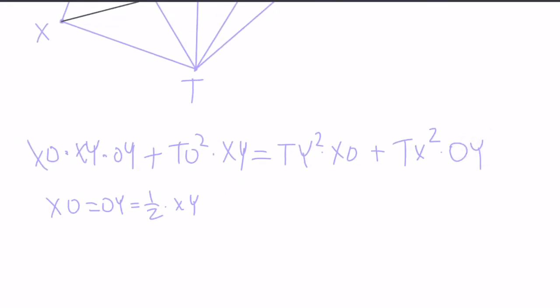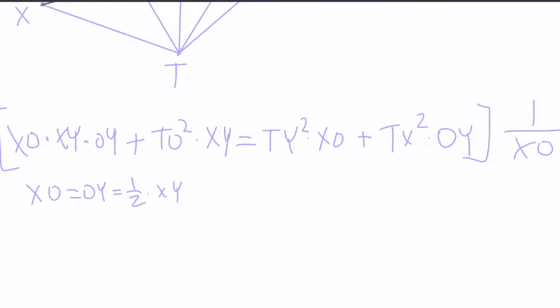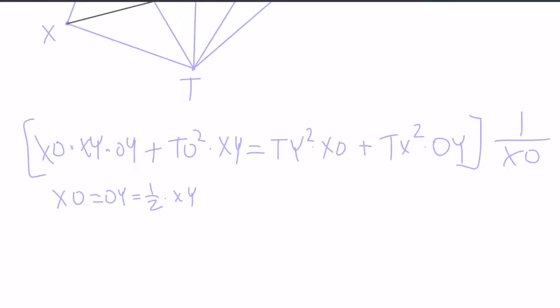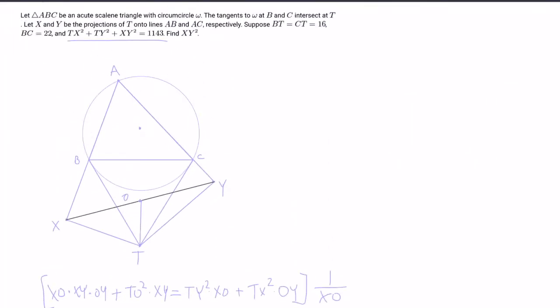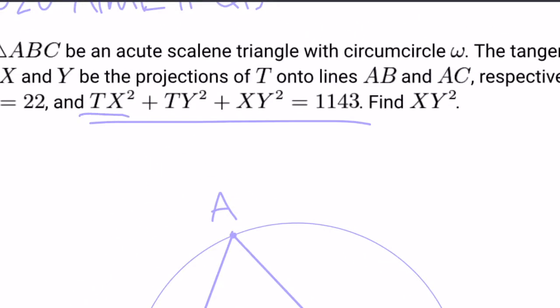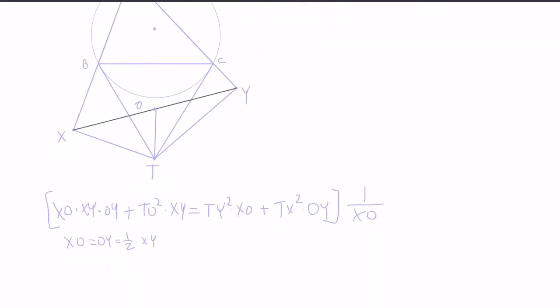The first thing we can do is multiply both sides by 1 over XO, because each term has some common factor XO. Moreover, we can replace each OY in terms of XY, because ultimately we want something in terms of TX squared, TY squared, and XY squared, and we don't really want to involve XO or OY at this point.